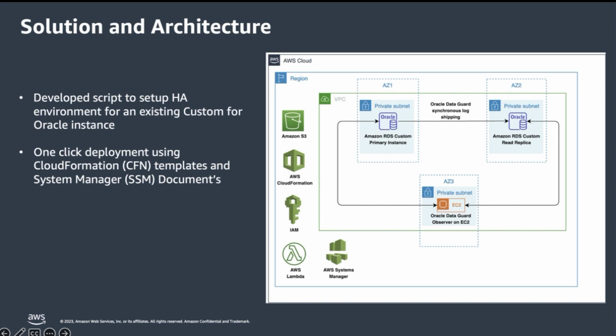We are creating this new EC2 instance, setting up as the observer, and all the configuration changes that we do are done from this EC2 instance. We are never directly SSHing into the primary or the secondary.